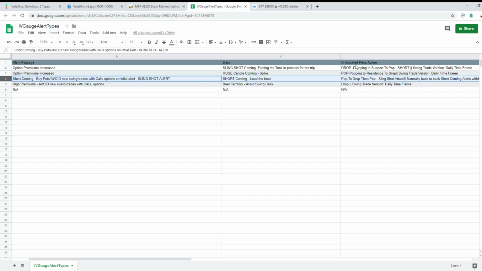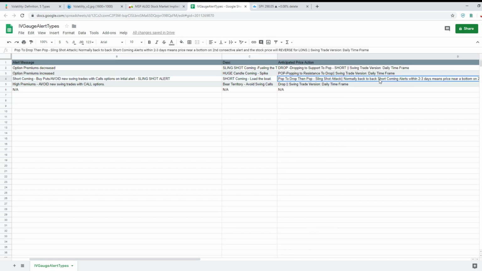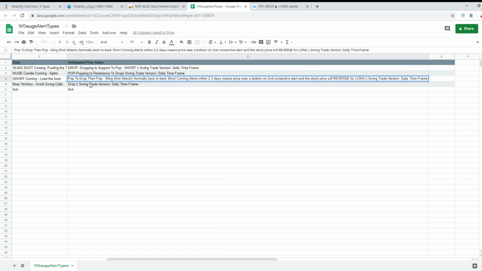And it says that normally back-to-back short coming alerts within 2 to 3 days mean price near a bottom, okay, on the second consecutive alert, and the stock price will reverse for long, okay?